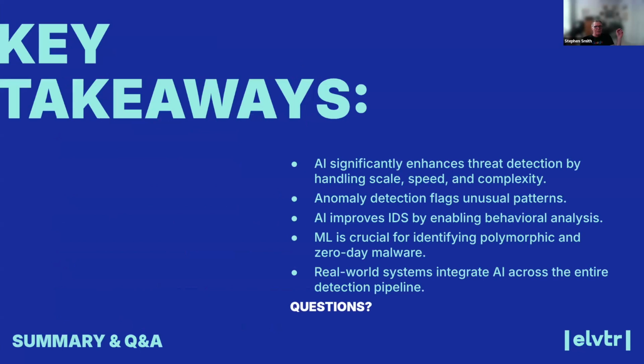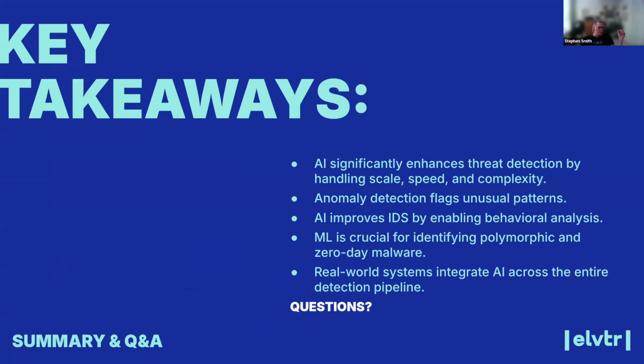All right. So key takeaways, right? AI is an enhancement for handling things. It's faster. It can handle more data. Anomaly detection versus signature based, right? It figures out how things cluster together and how it differs from normal.